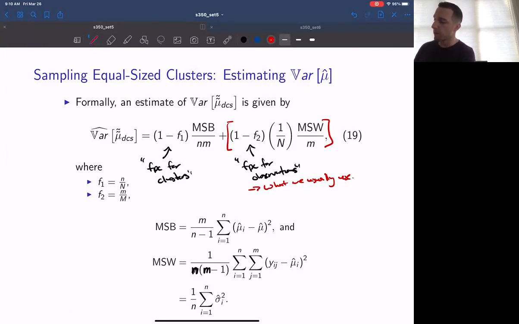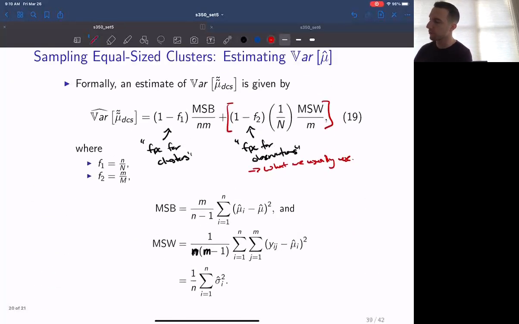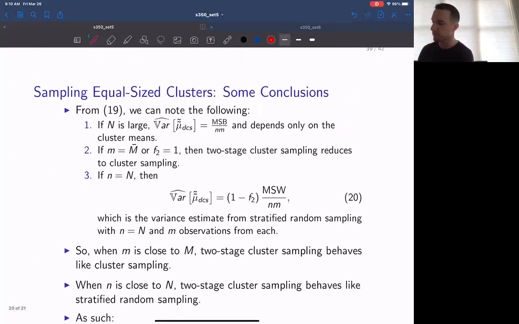And in the second point, if F2 is equal to 1, again in the second term, this term goes to 0, and you have the same conclusion. So effectively, the variance of mu double tilde DCS is only equal to the value in the first term of expression 19, which is the variance for a cluster sampling approach.